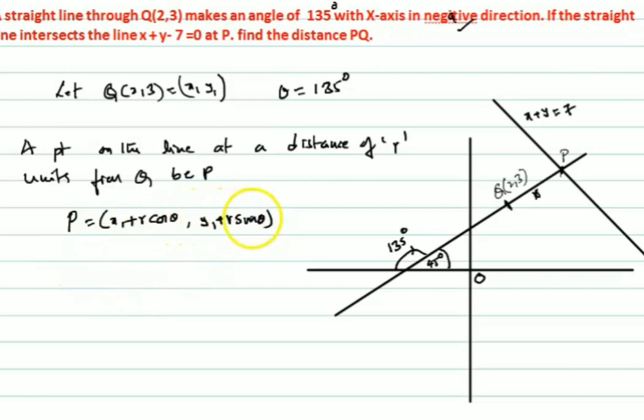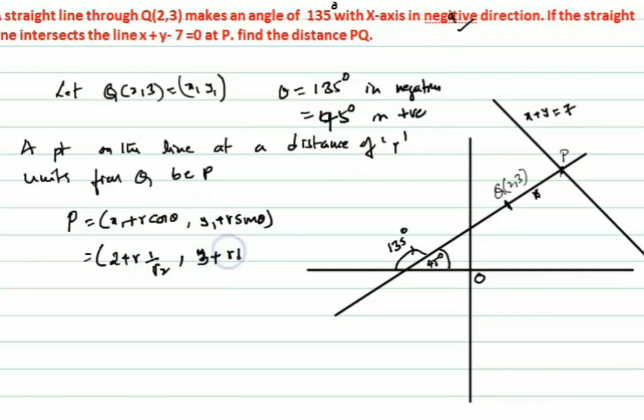So x1 is 2 plus r times cos 135, but theta is 135 in negative direction and we need it in positive direction, which is 45 degrees. Therefore, cos 45 is 1 by root 2, and y1 is 3 plus r times sin 45, which is 1 by root 2.